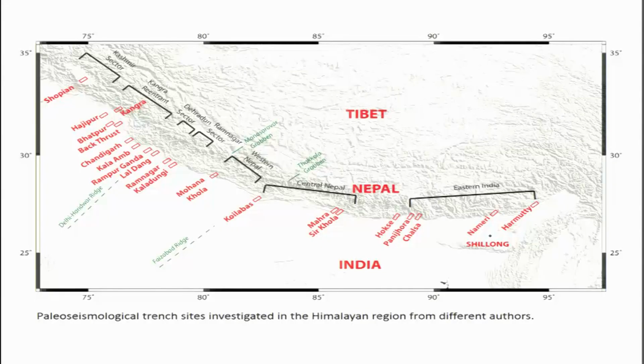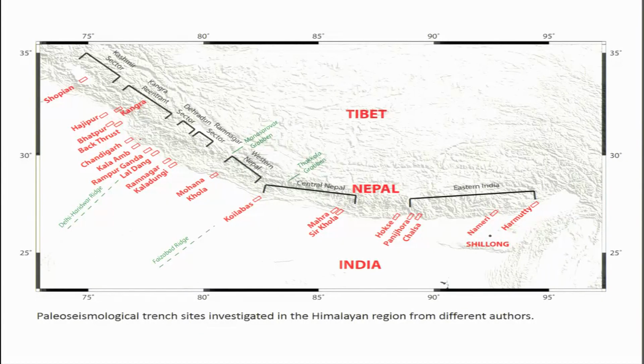Now what is basically happening here is that we have the frontal range of almost more than 2,000 kilometers, and these locations which are shown in boxes here show the geological investigations which have been taken up to identify the signatures of the paleo earthquakes.